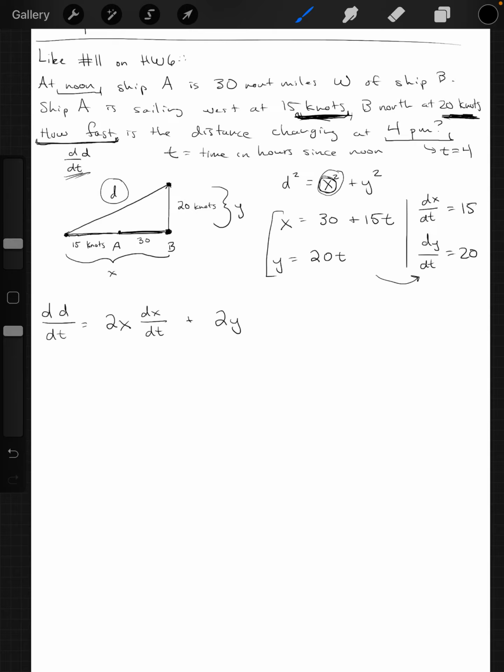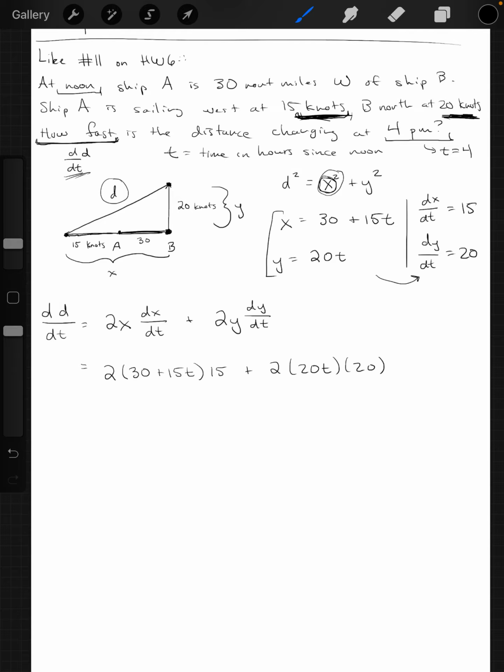Similarly for over here, 2y we would be done if we were taking the derivative with respect to y, but since we're taking the derivative with respect to t, we also have to get the derivative of the inside there. All right. So this is 2 times (30 plus 15t) times 15 plus 2 times 20t times 20.